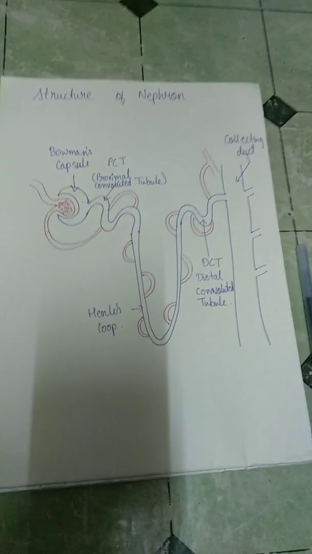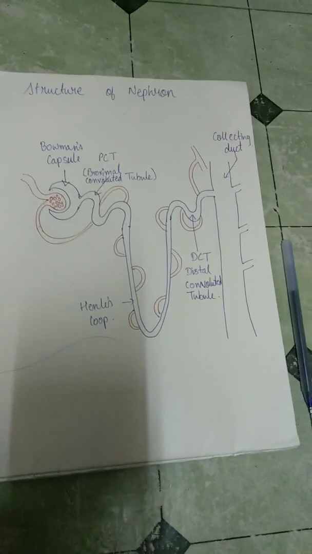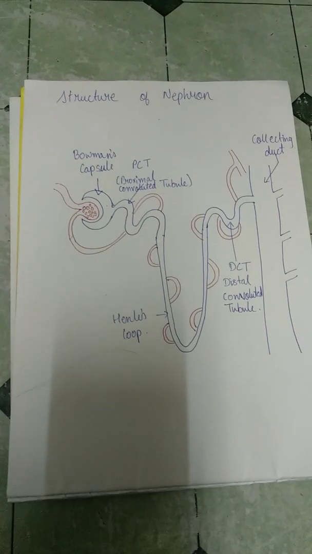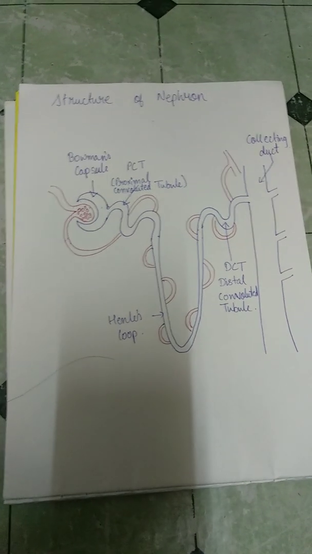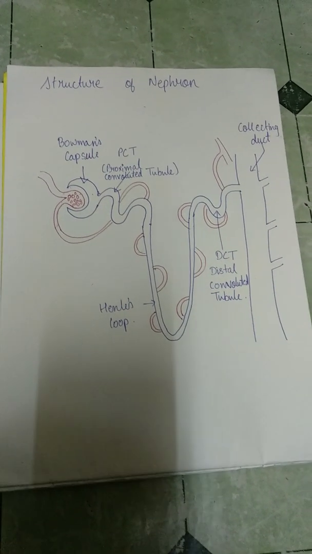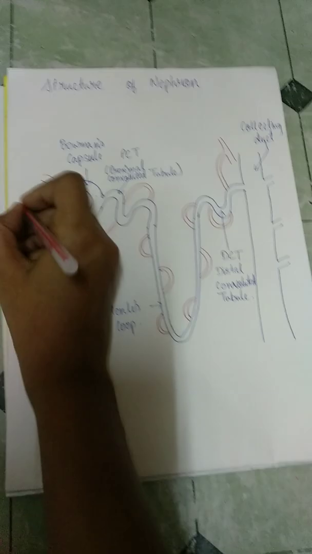Now let us label the blood vessels. As we know, in the kidney the blood is brought by the renal artery. This renal artery enters into the kidney, and in the kidney it branches into smaller branches which are called arterioles. So this is nothing but a branch of renal artery.